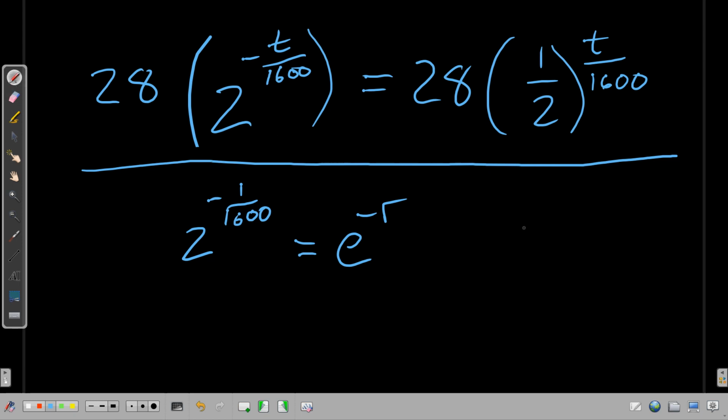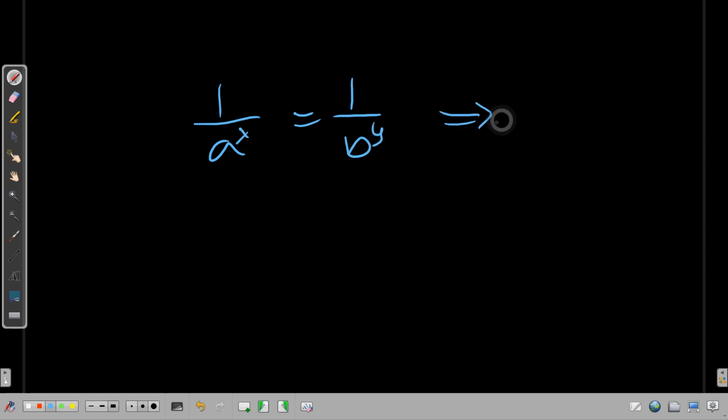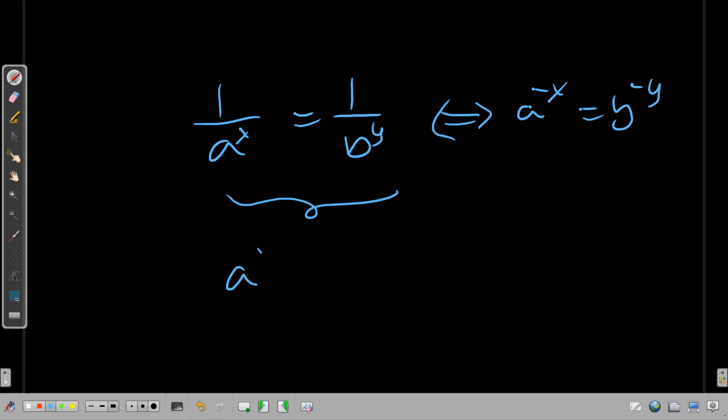Just like if I had a to the x equal b to the y, then this is identical to a to the minus x equals b to the minus y. They were equal, so you already knew that a to the x equaled b to the y, and the minuses aren't doing anything.